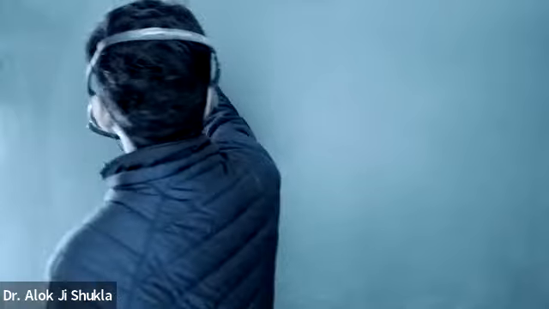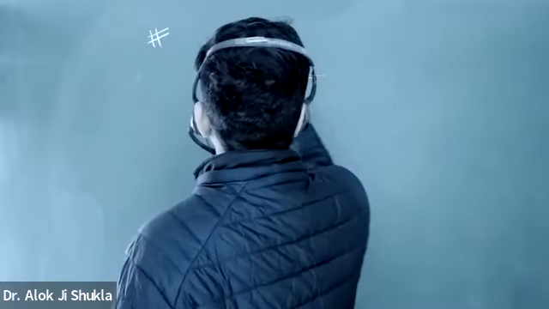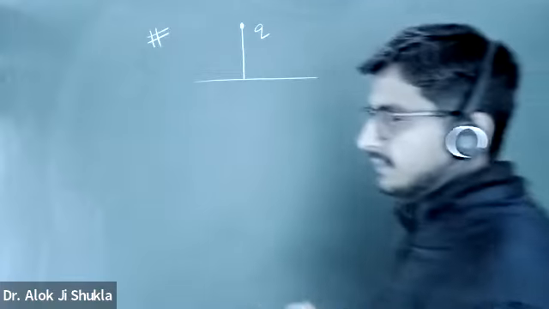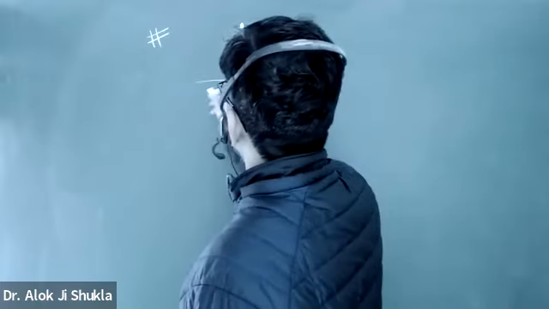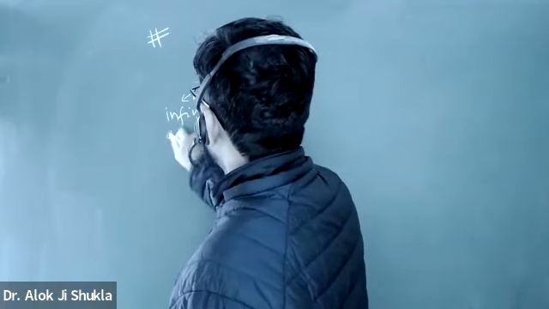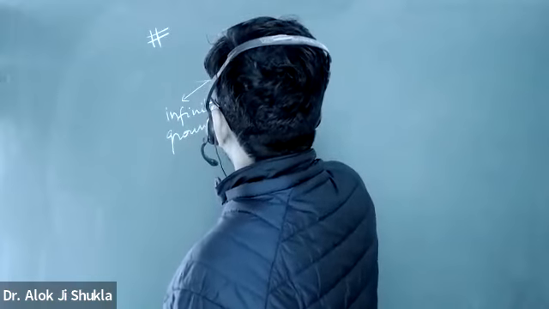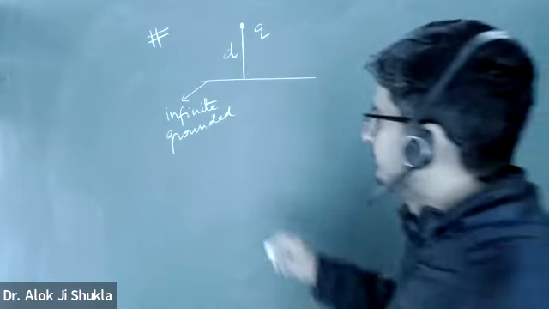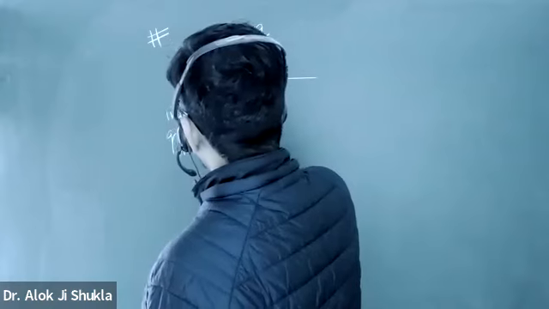One more thing I want to discuss, and that is: if you have this Q charge, and this is distance d, this is an infinite grounded metal sheet.